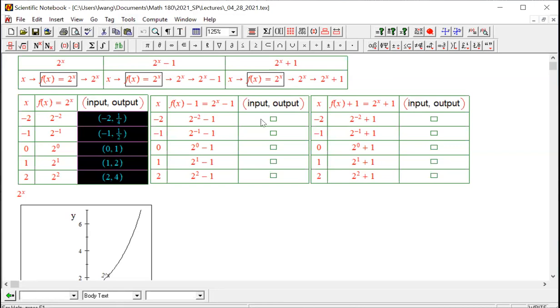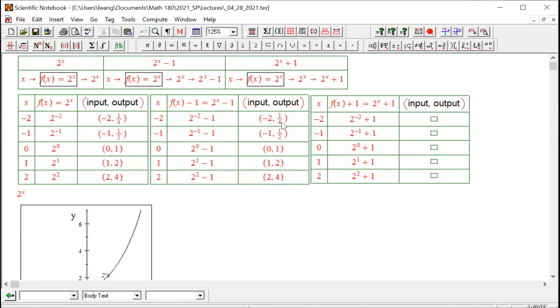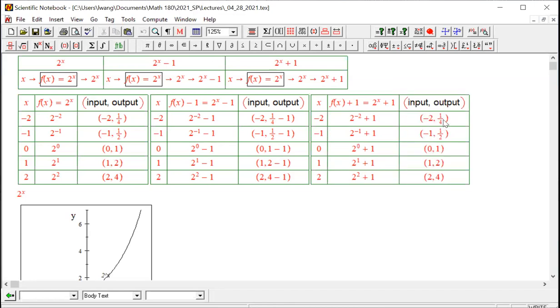All of these are transported, but only the output is subtracted by 1. We'll carry out the operation. I will ask you to simplify the numbers, but right now I want you to write down exactly what I wrote down.